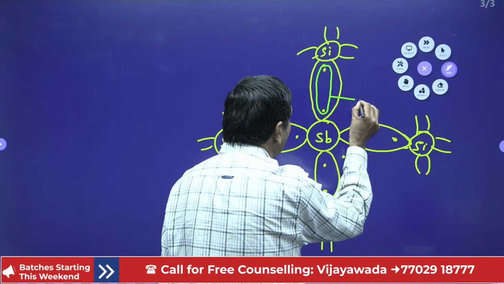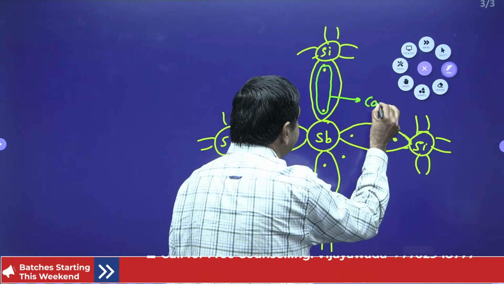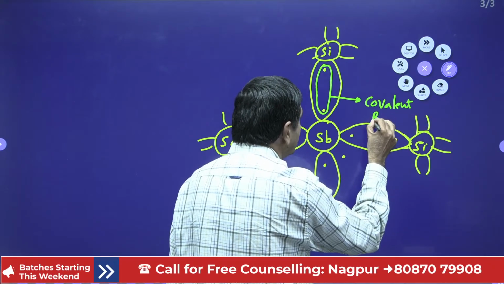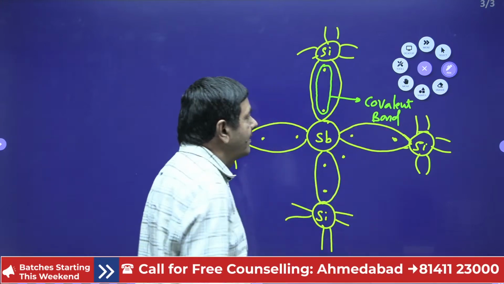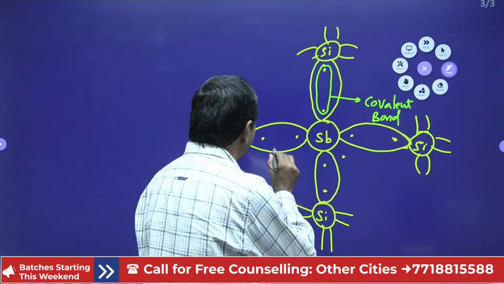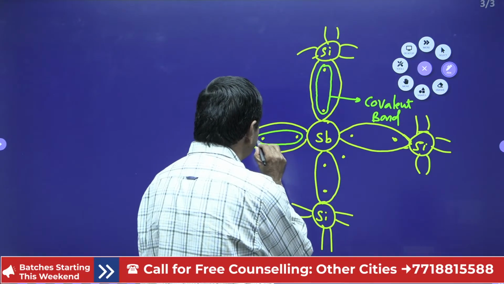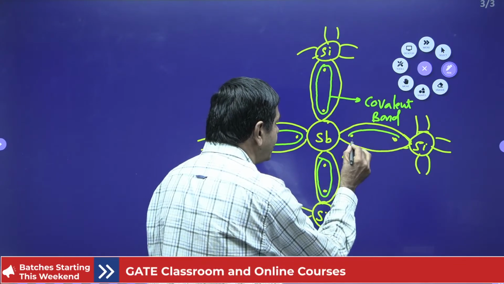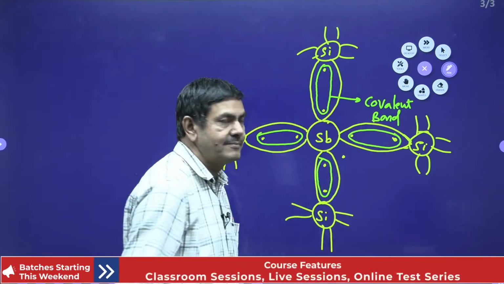That bond we call a covalent bond. This is one more covalent bond due to sharing of these 2 electrons. Because of the sharing of these 2 electrons, one more covalent bond.